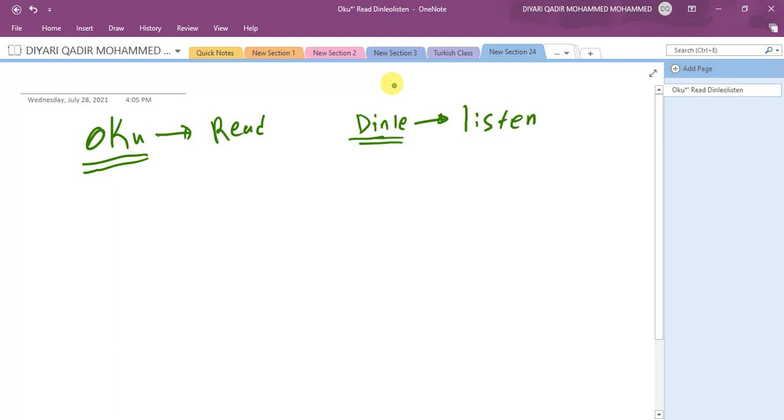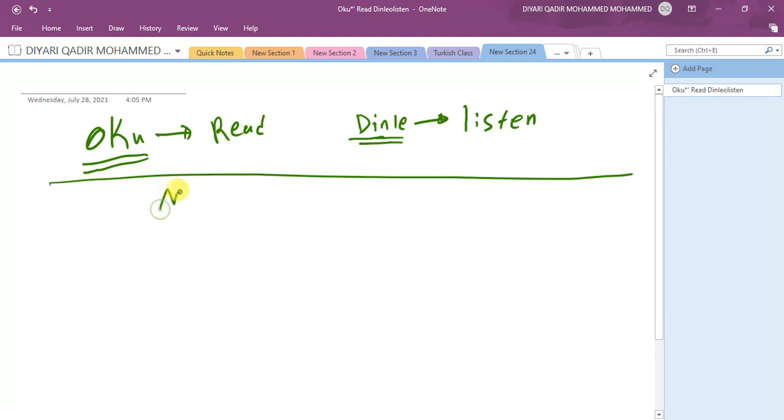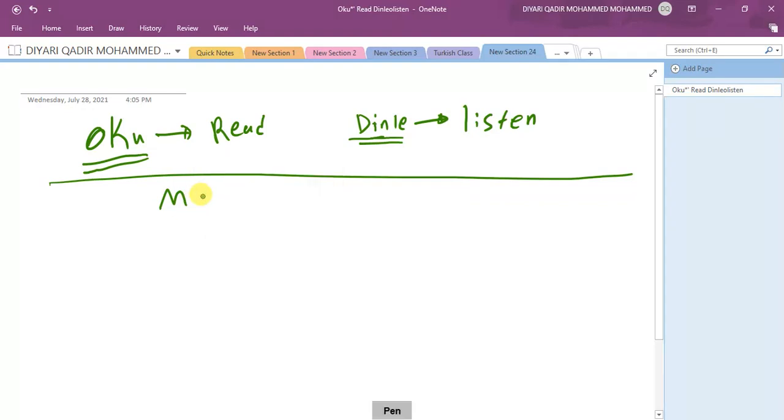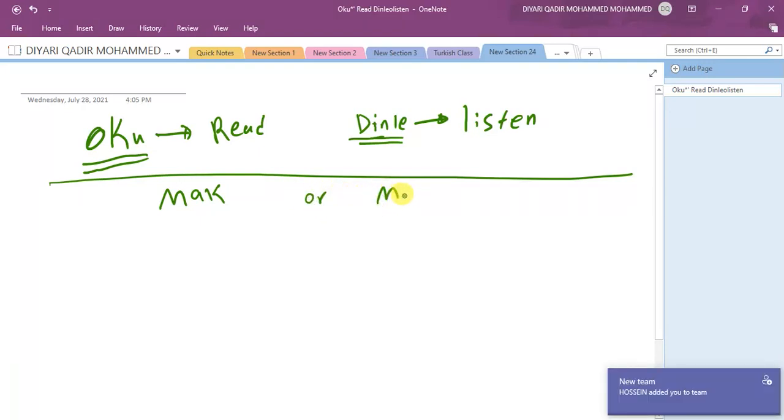It's written in a special format, and the format in Turkish language is either they use mak or mek. Okay, either mak or mek.